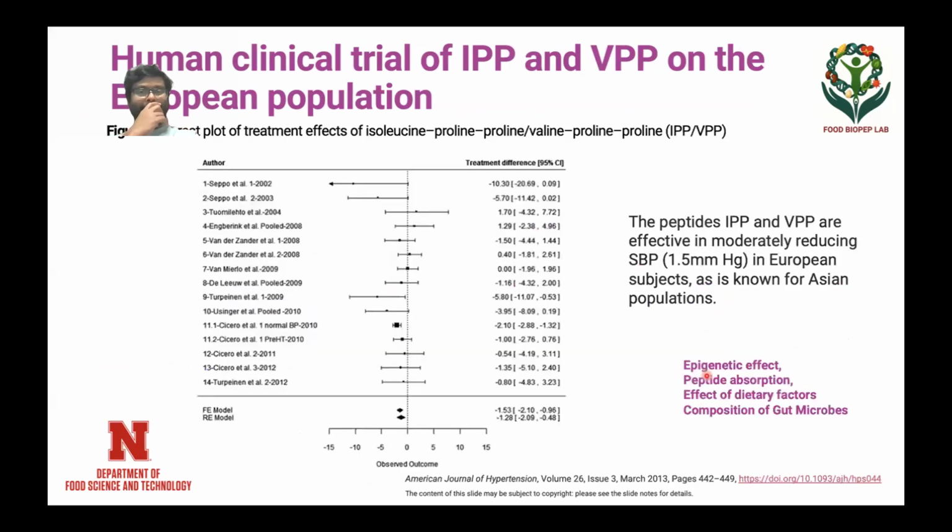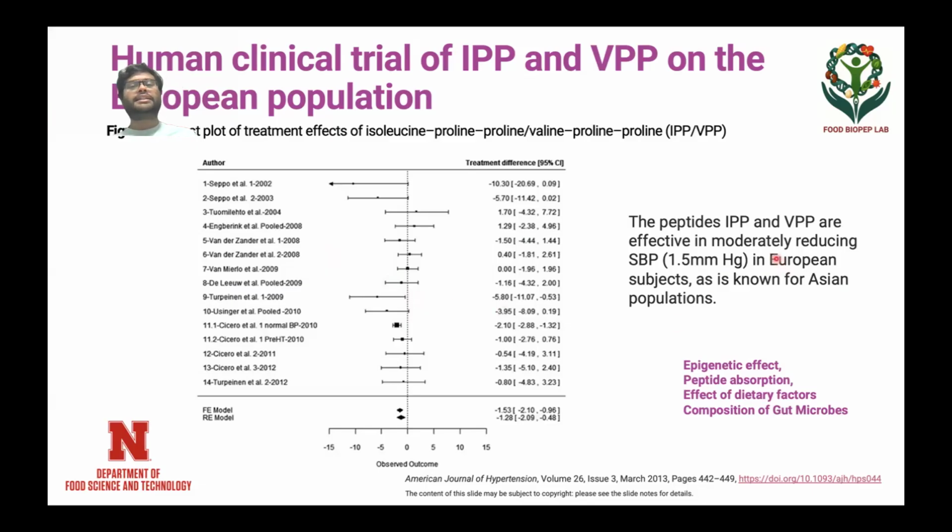Then there is one study I'm going to talk about here, I think it's the Finnish study, which did a meta-analysis again for the IPP and VPP human clinical trials.